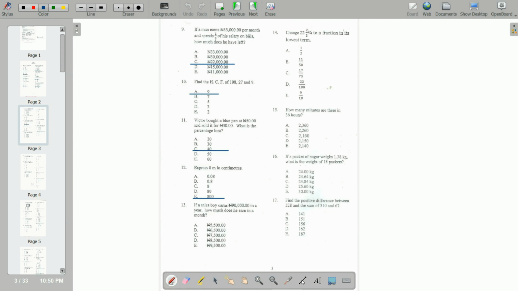The 14th question comes up next. It says we should change 22 whole number 2 over 3% to the lowest fraction.